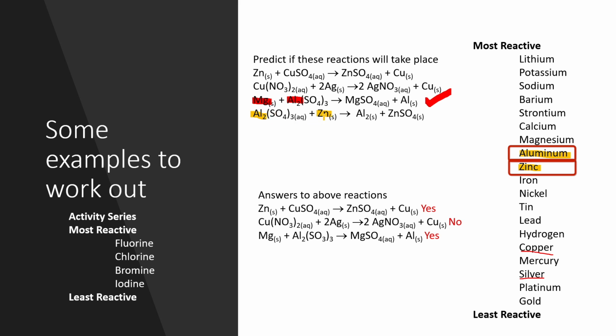Therefore, if you try to add zinc to aluminum sulfate dissolved in water, there will be no chemical reaction. And that is true. So that's how you use the reactivity series to make predictions as to whether a chemical reaction will take place or not. And this is one of the uses for the activity series.